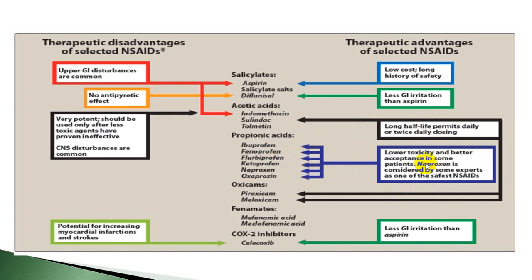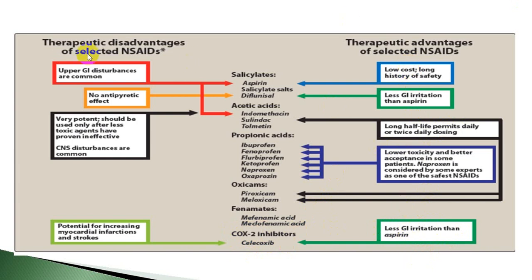Among propionic acids, lower toxicity and better than other groups. So they are better NSAIDs, like ibuprofen. Piroxicam has also got a long half-life, so can be given OD. And less GI irritation than aspirin, that is COX-2 inhibitors, so they have additional advantage. So these are the advantages of different groups.